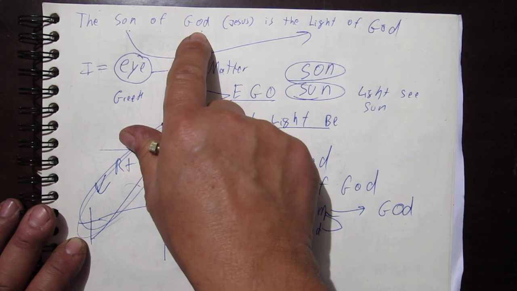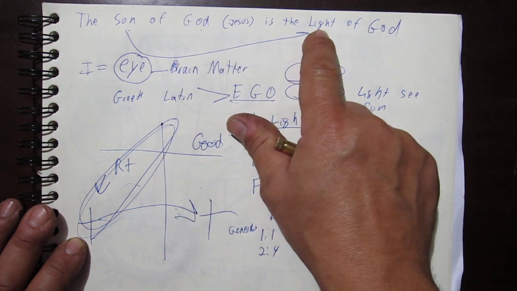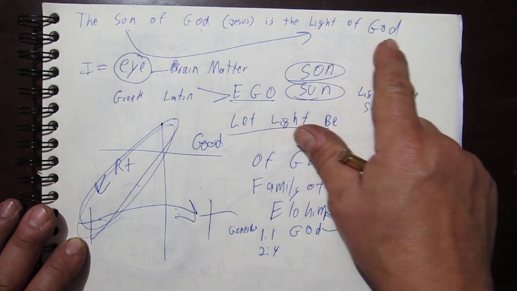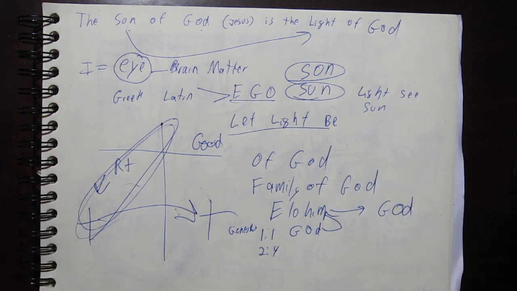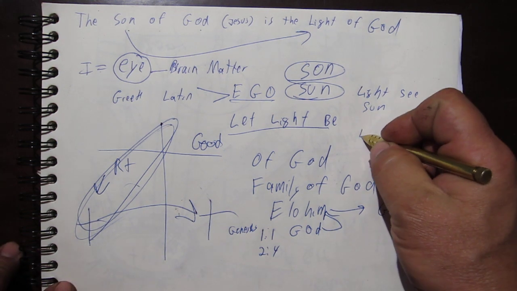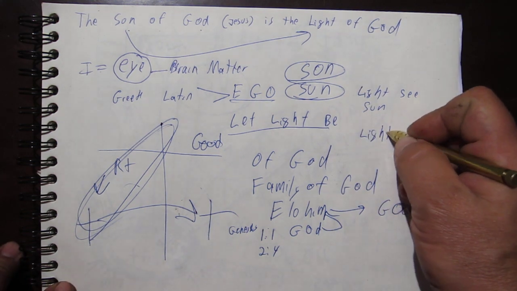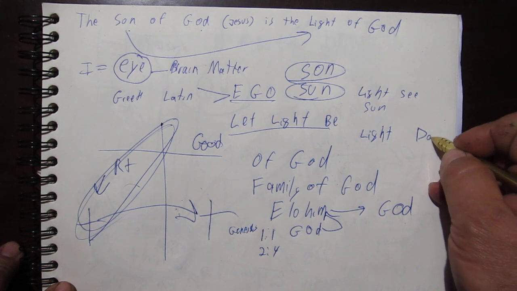The Son of God is the light of God. So there are those that are in the light of God and those that are in darkness.